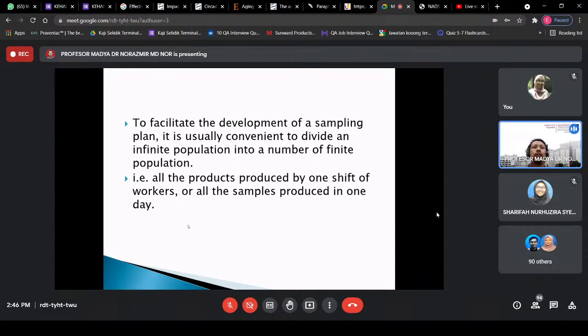That's an infinite population. So we cut off or we make it smaller. We divide it to become a finite population, easier for us to do the sampling.